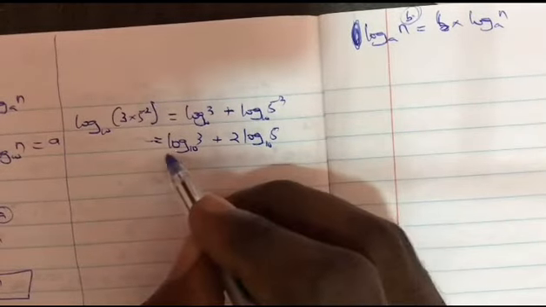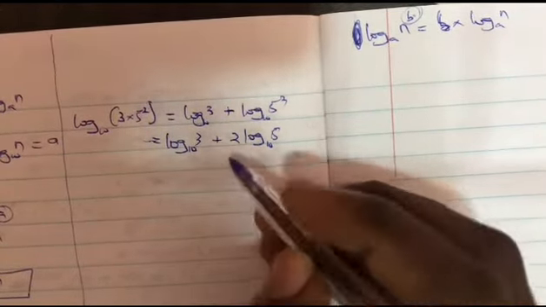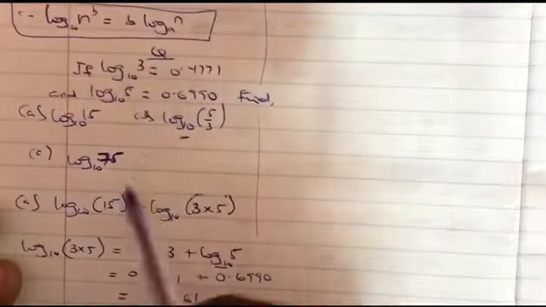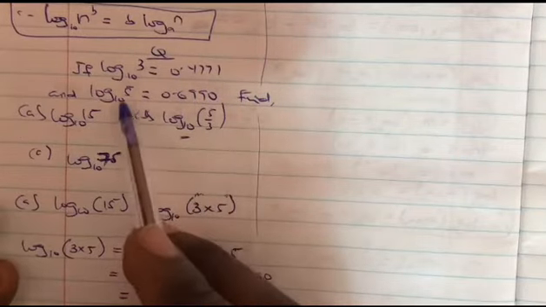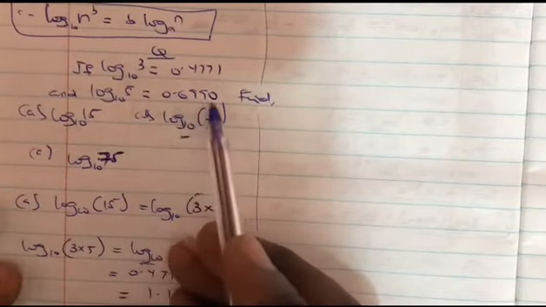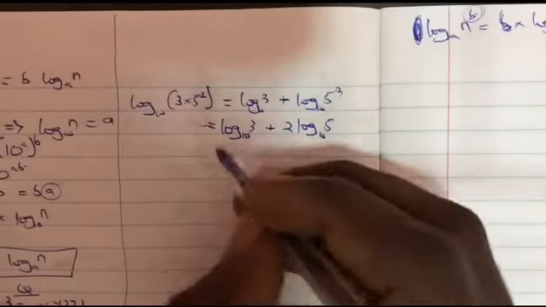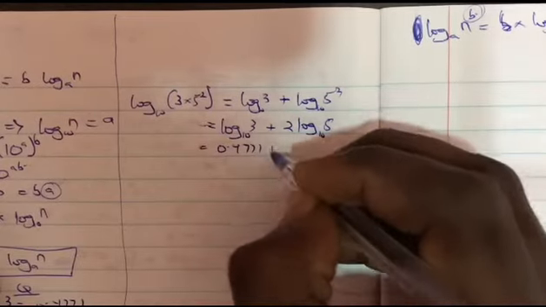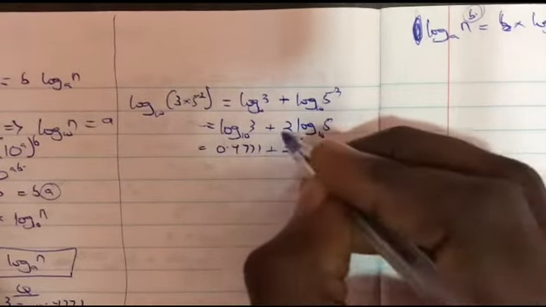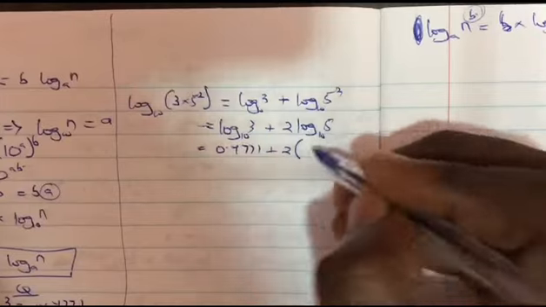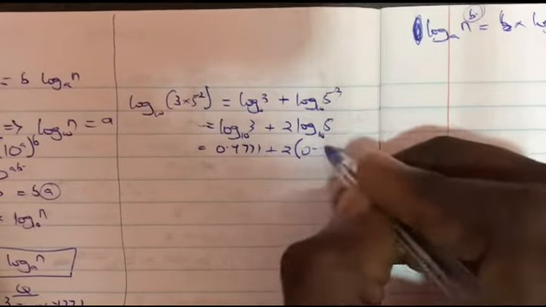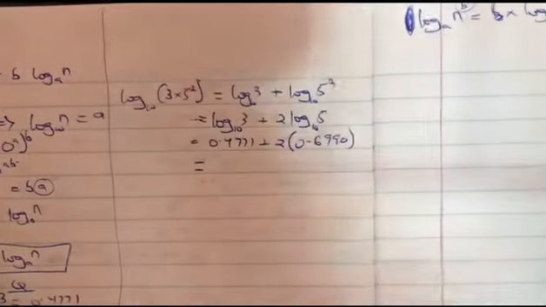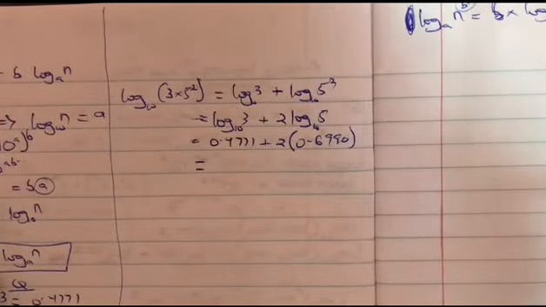But what is log 3 to the base 10? Log 3 to the base 10, given in the question, is 0.4771, and this is 0.6990. So this will be equal to 0.4771 plus 2 into brackets. The 2 here is multiplying this, so times 0.6990. So you evaluate, and then that's the answer.